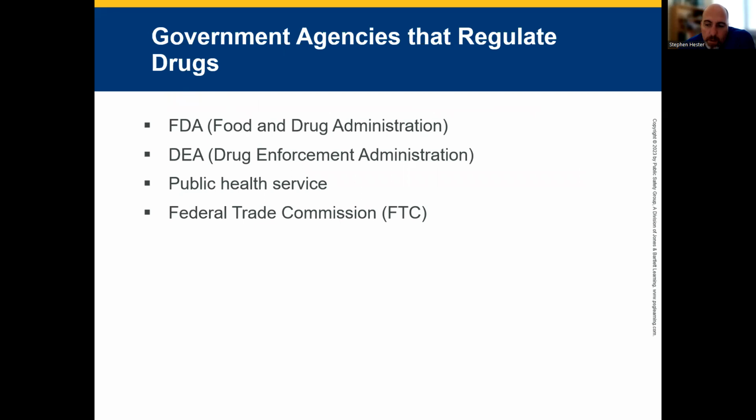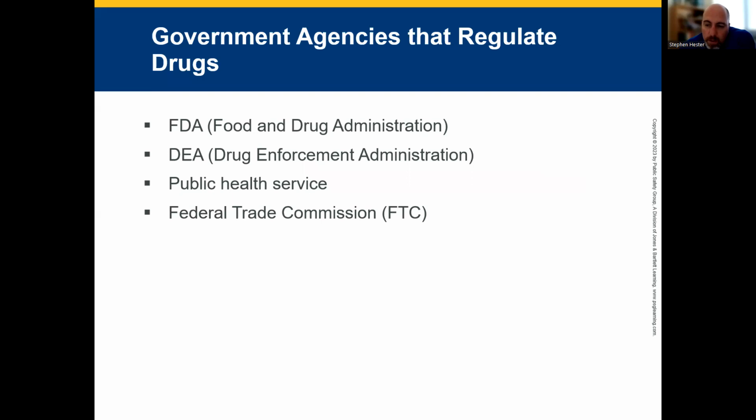All right, the FDA enforces the Food, Drug, and Cosmetic Act. It determines the safety and efficacy of drugs before they are allowed to hit the USA market. It also holds regulatory oversight authority regarding the safety and effectiveness of vaccines used in the United States. The DEA executes provisions of the Controlled Substance Act.